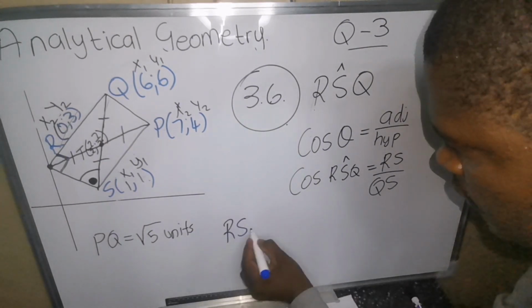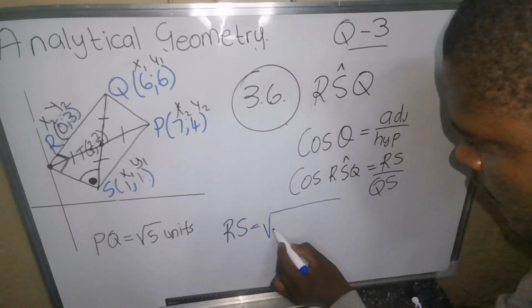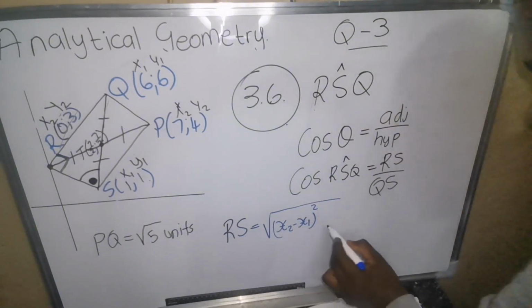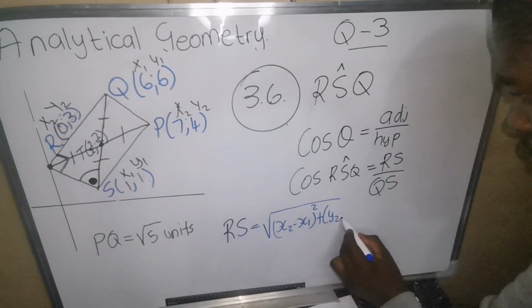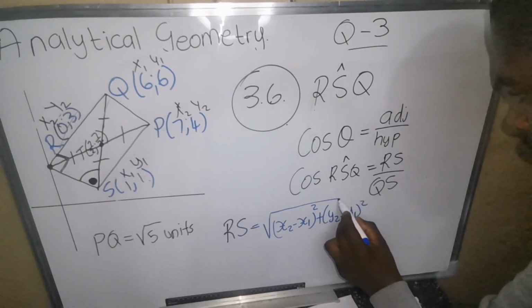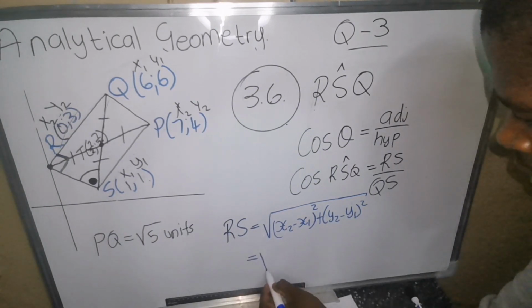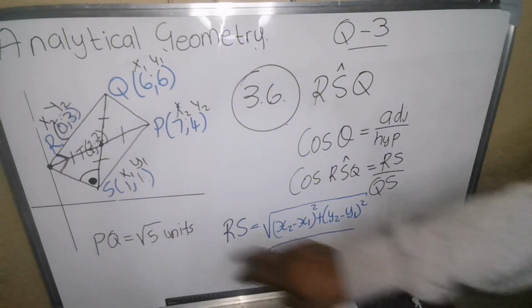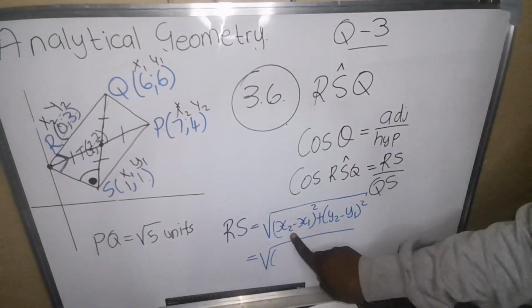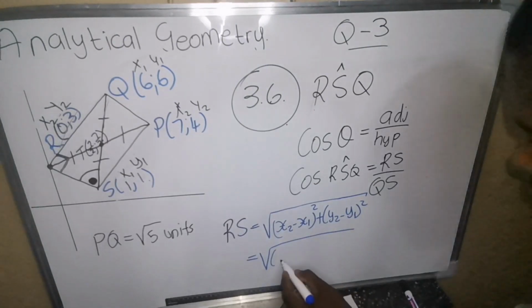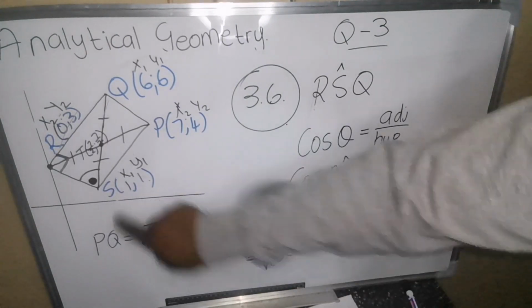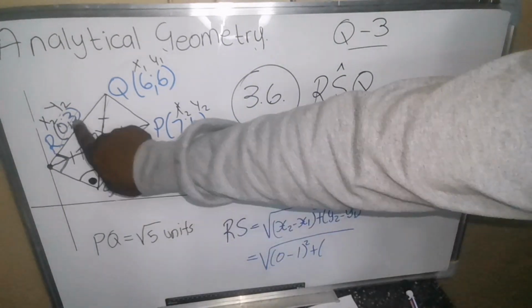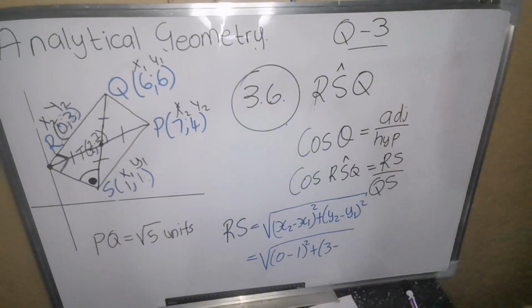RS is equal to the square root of x2 minus x1 squared plus y2 minus y1 squared. For RS, x2 is 0 and x1 is 1, plus y2 is 3 and y1 is 1.